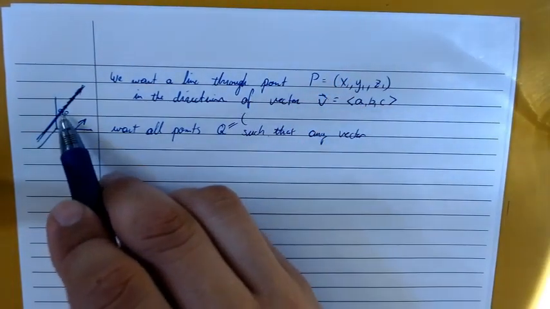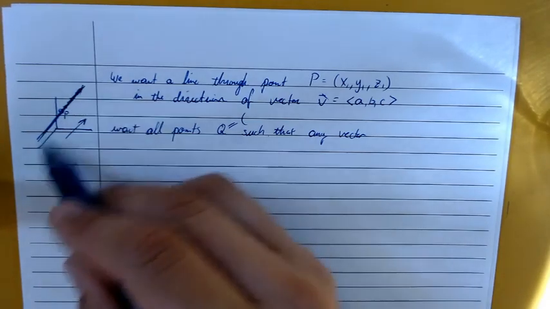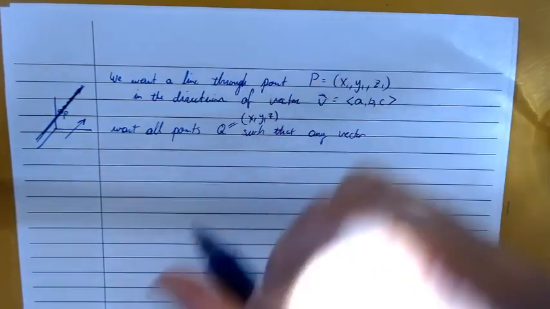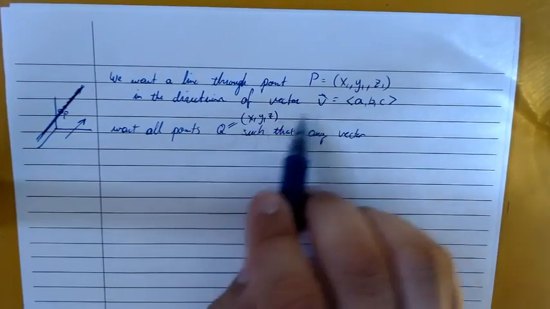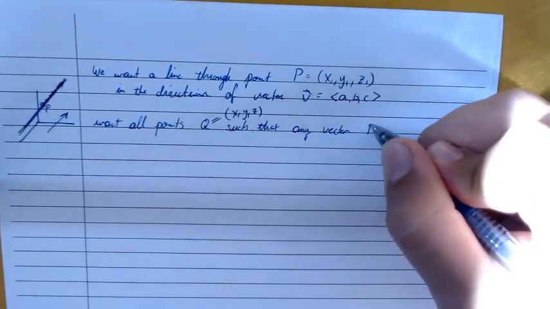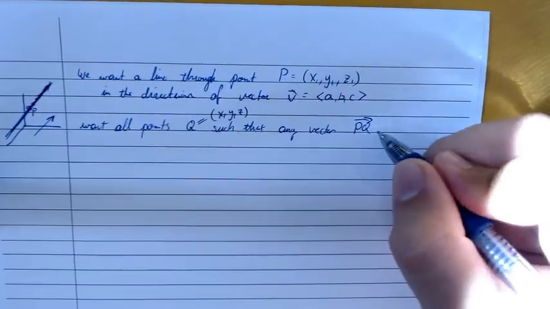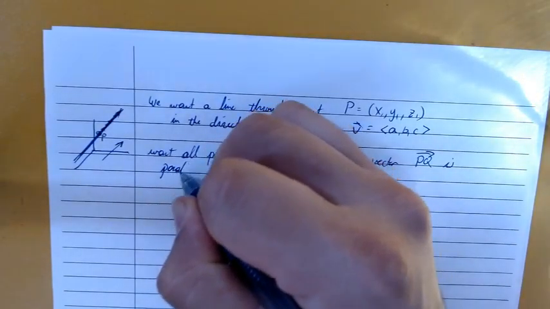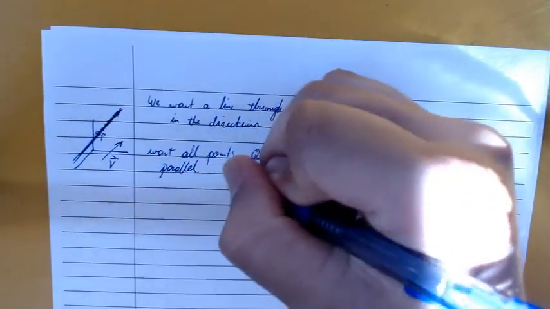This one is x1, y1, z1 because that one's a specific one, but Q is any point on this line, so that's just the typical x, y, z. So here we want all points Q, which we can denote as x, y, z, without the subscripts, such that any vector PQ, starting from P going to Q, is parallel, in other words, going in the same direction as the vector V.